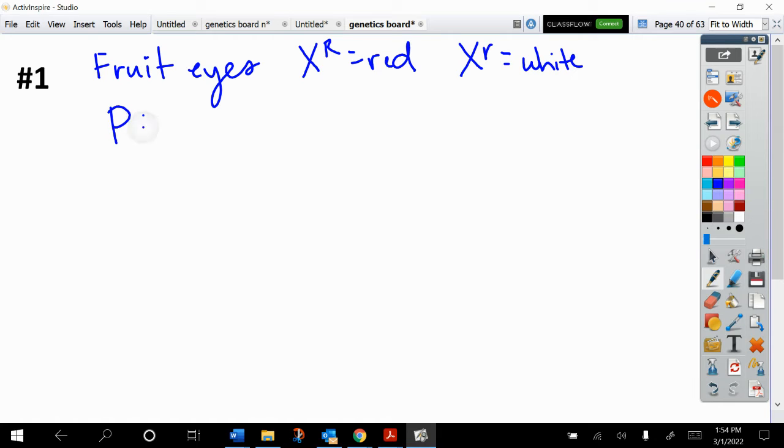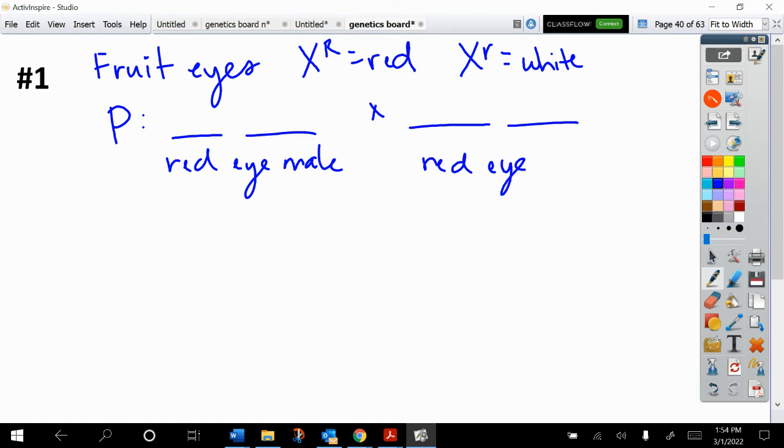So for the parents, we know that we have a red-eyed male, and we know that we have a red-eyed female. So the male has to have XY, the female has to have XX. In terms of the alleles, the red-eyed male has to have the dominant allele for this trait.